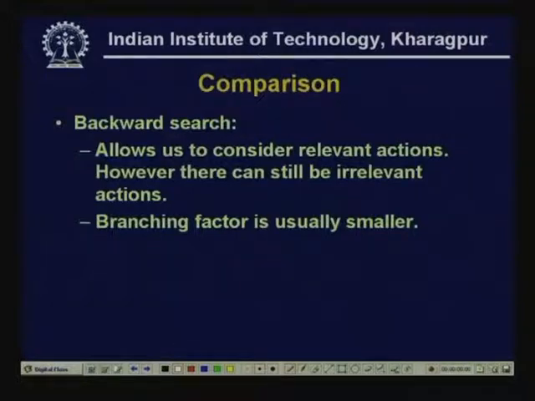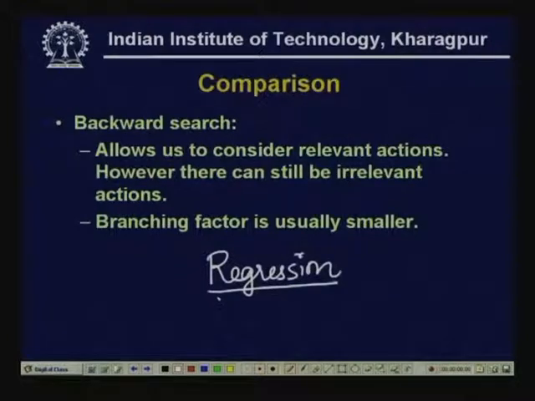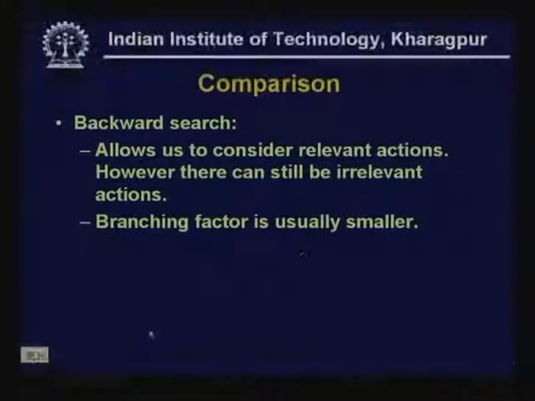So, planners which do backward search are called regression planners, in contrast to the forward search planners which are called progression planners. Regression planners typically have a smaller branching factor, and for most problems they have a more focused search space than planners that search in the forward direction.